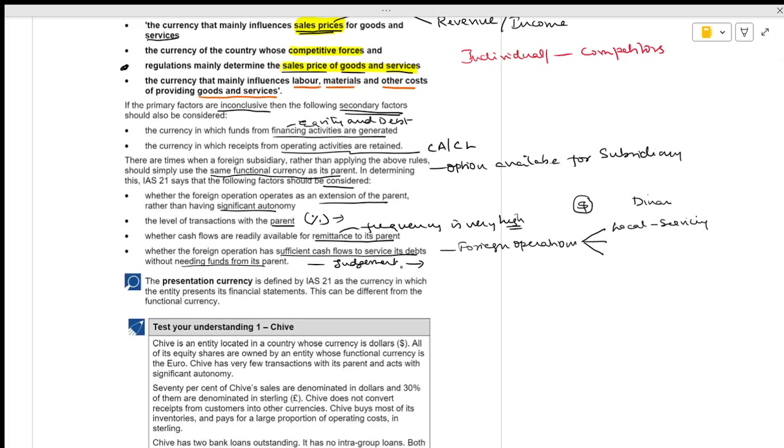The presentation currency is defined as the currency in which the entity presents its financial statements. This can be different from the functional currency. Presentation currency is nothing but how financial statements are presented. In most cases now it is a common trend.